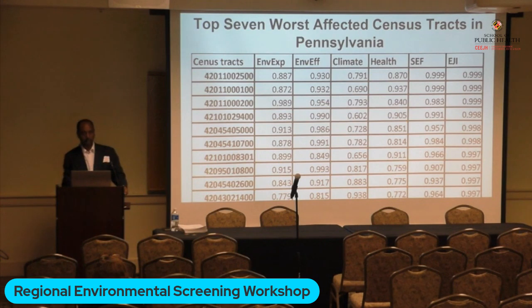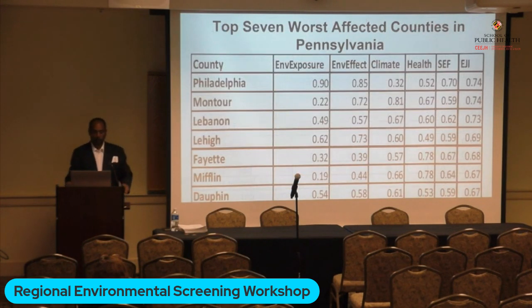What about in terms of county? I average similarly to Maryland. Philadelphia County becomes 0.74, Montour 0.74, Lebanon 0.73, Lehigh 0.69, Fayette 0.68, Mifflin 0.67, and Dauphin 0.67.